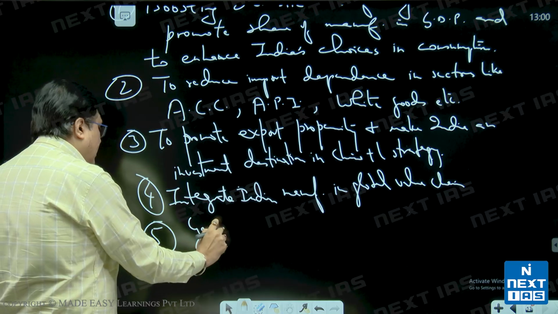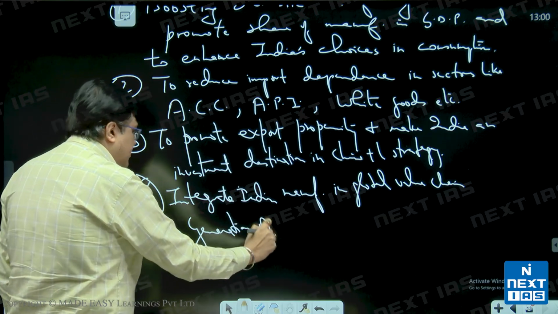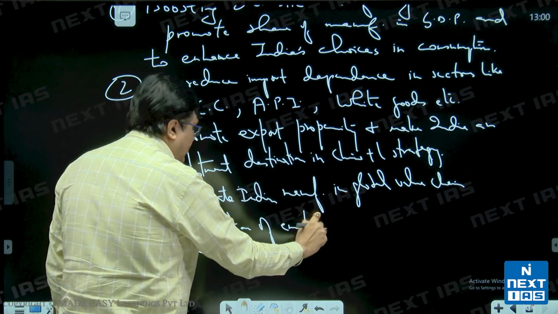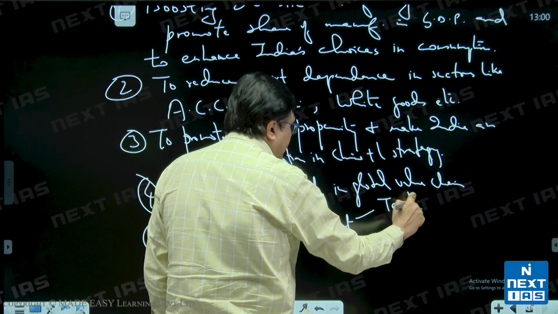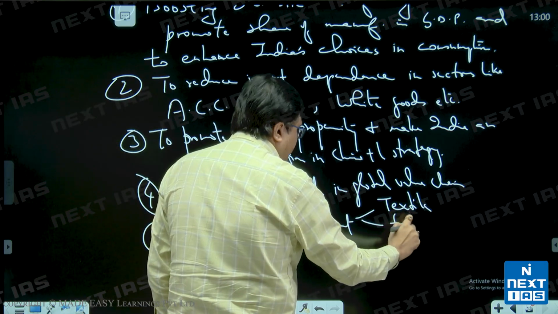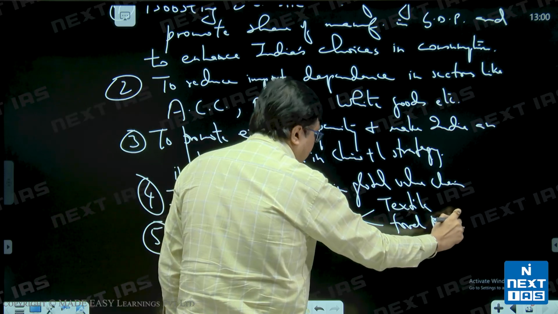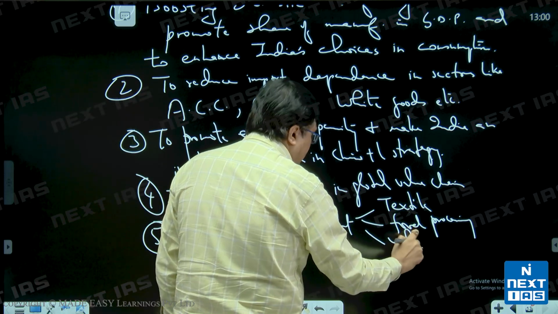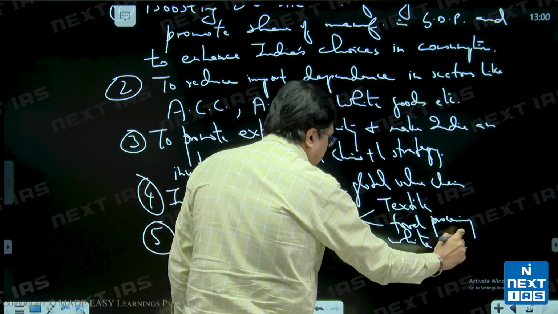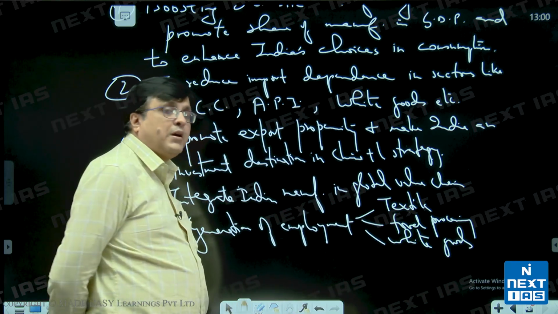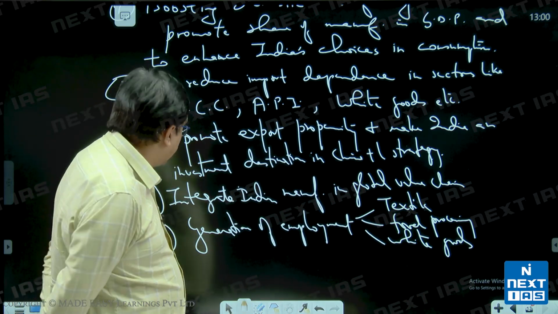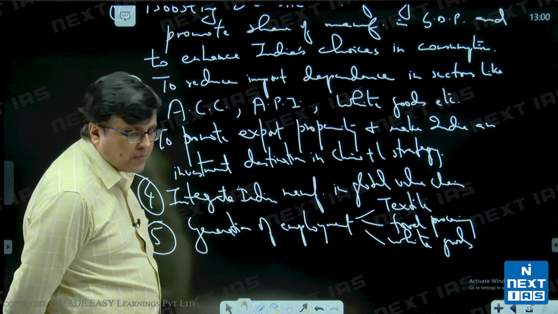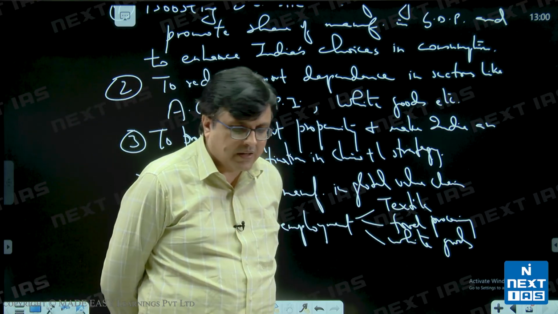Then generation of employment: textile, food processing, white goods. White goods are consumer durables which do not use a microchip in them. So all this will give you the generation of employment possibilities in the country.